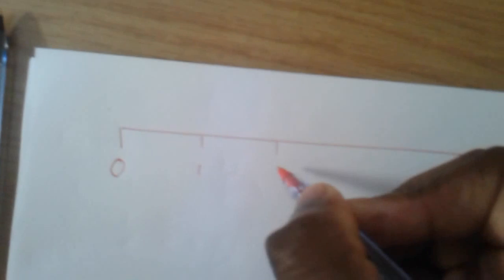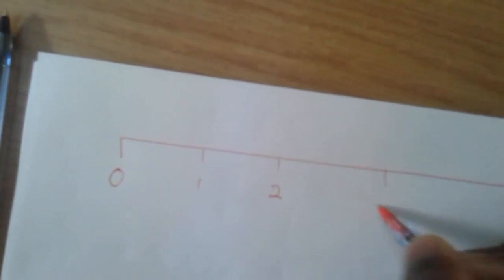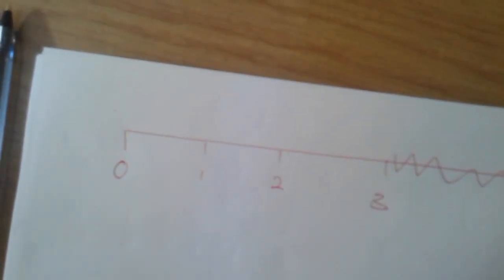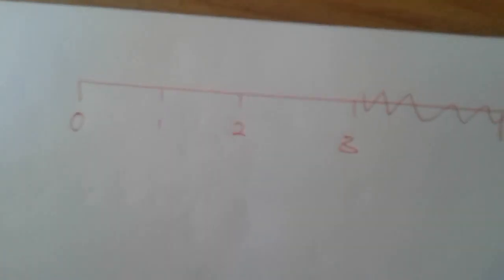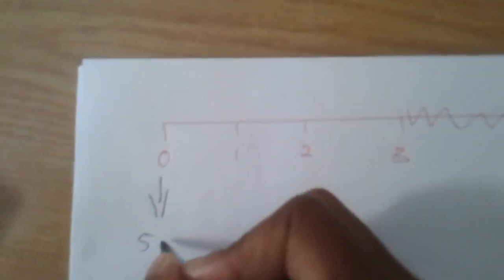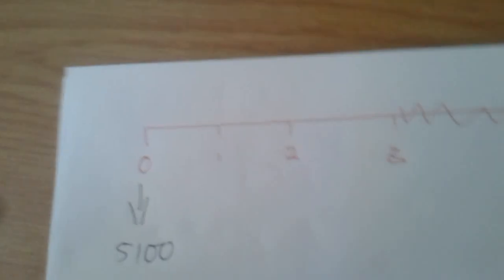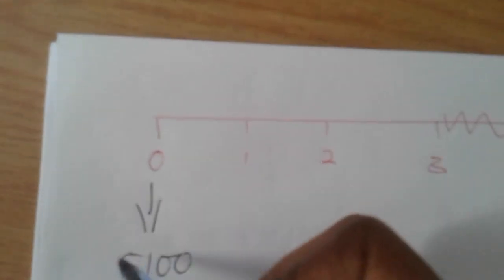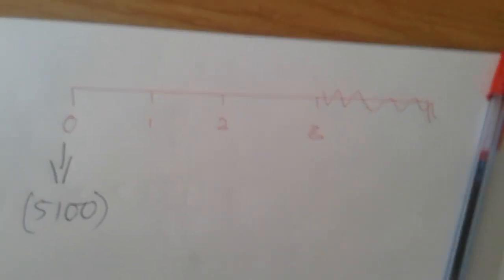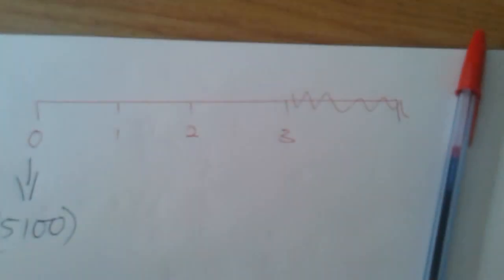So let's draw this here. That's 0, that's 1, that's 2, and that's 3. Right, so an investment of 5.1. So I'm going to put my investment 5.1. Remember, when you are investing, money is going out, so you can show it with a negative sign.